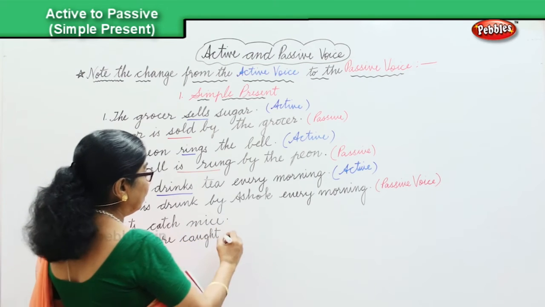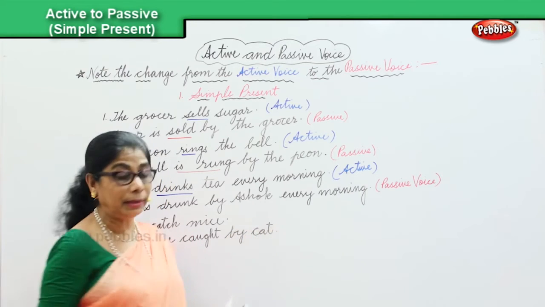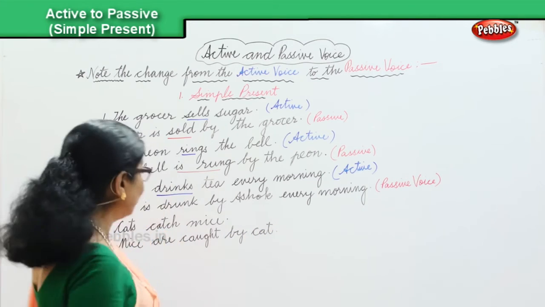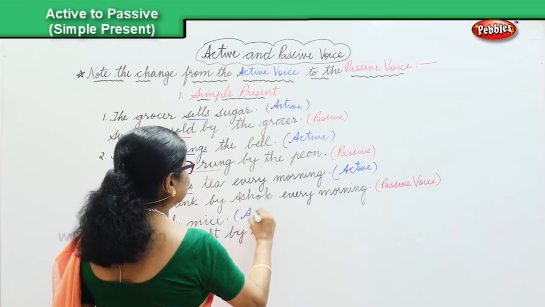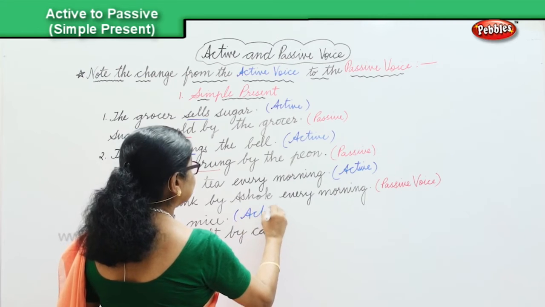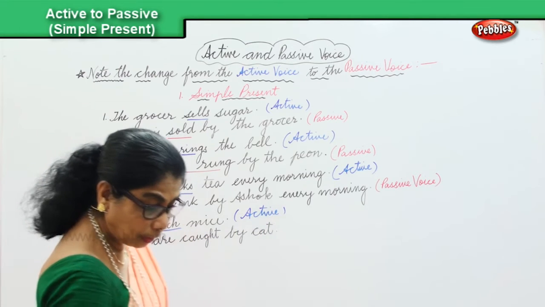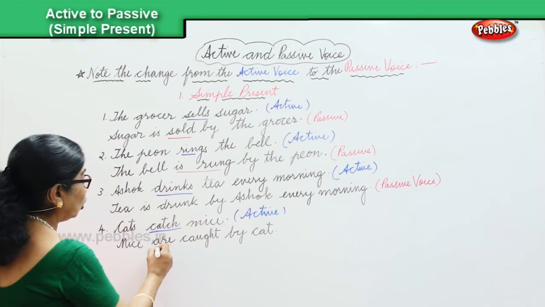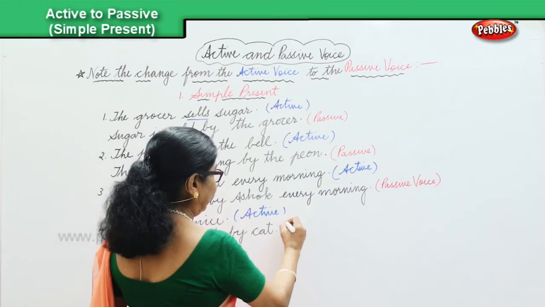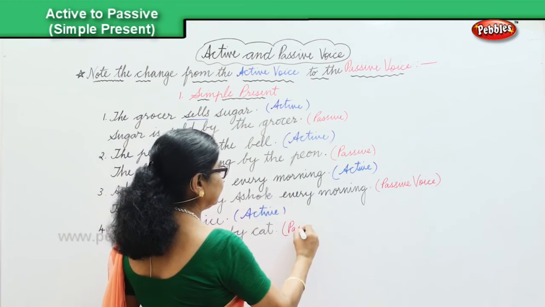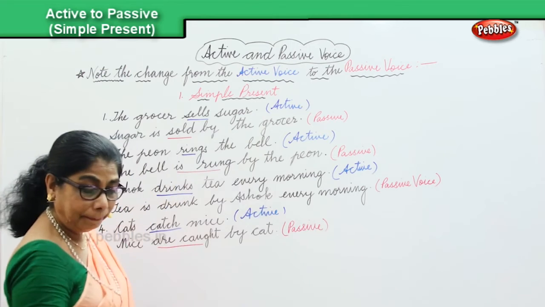By whom? By the cat. So the action in the first one and passive in the second one. Cats catch mice. That's active. The verb catch. In the second one, look at the verb are caught. Mice are caught by the cat. That is passive. So we have active and passive.